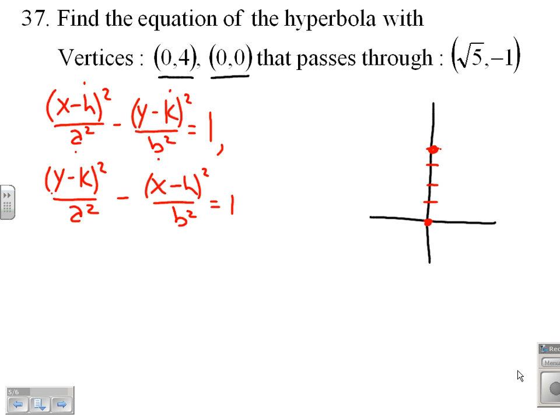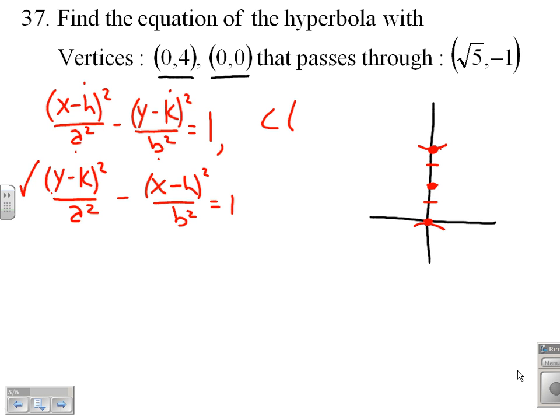In this case, given the vertices, what have we learned here? Well, if these are the vertices, I know this hyperbola is opening up and down in a y direction, so we are talking about this equation we're going to put this into. So I've got direction. I also know the midpoint is our center.